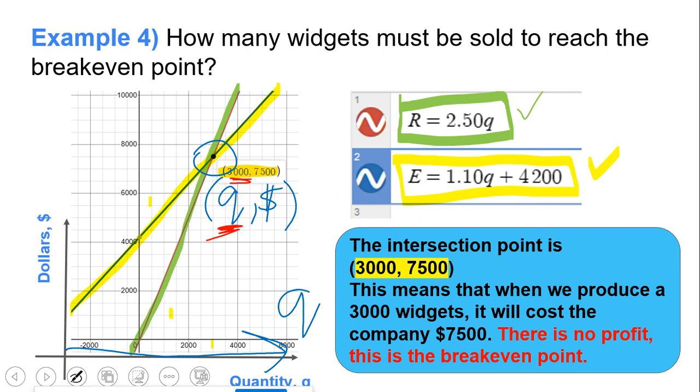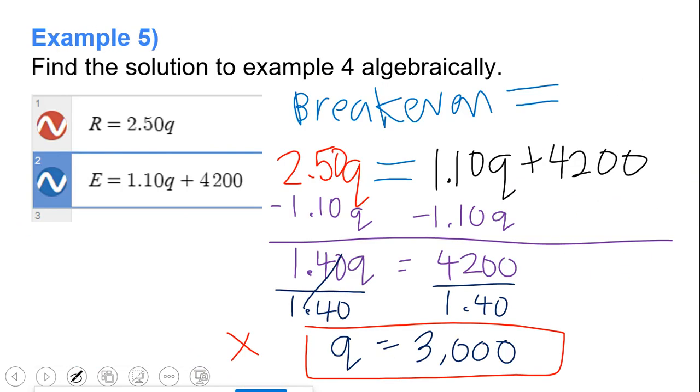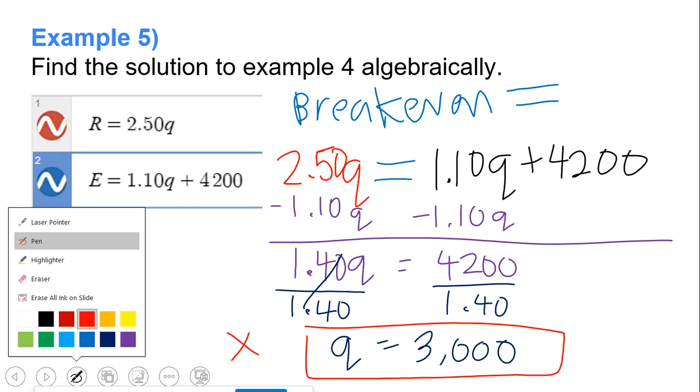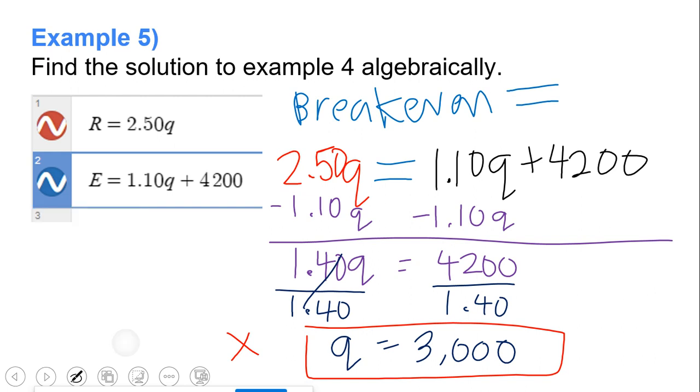Boom. We got it. If we want to make sure we also get the y value, you just need to plug x into either the revenue or the expense function. So, honestly, it's a little easier to plug it into the revenue, but like you do you. If I want to find the y and make sure it actually matches, I could plug it in to 2.50, and then I'll just plug in my quantity that we just got. Again, you can plug it into either.